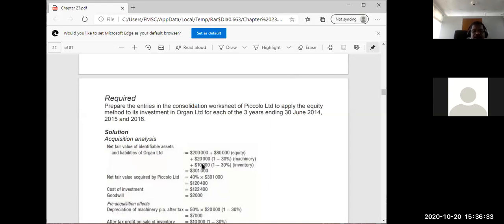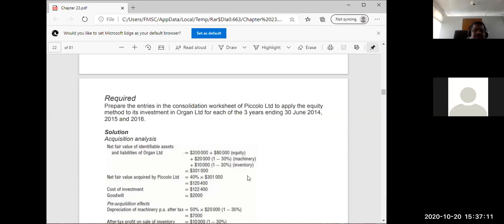This is the value of the net assets as at acquisition date, at fair value, and you take 40% of this. So this 120,400 is the fair value of the net assets acquired. And for that acquisition, you paid 122,400. So you are paying more than what is being acquired at fair value, which is 2,000. So you consider this 2,000 as goodwill.